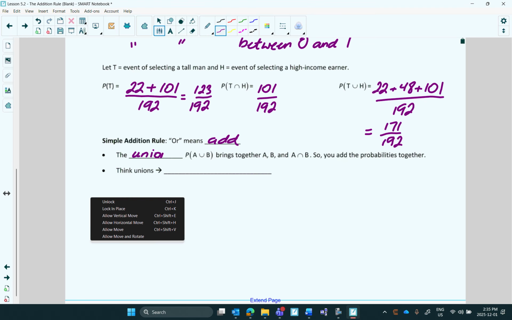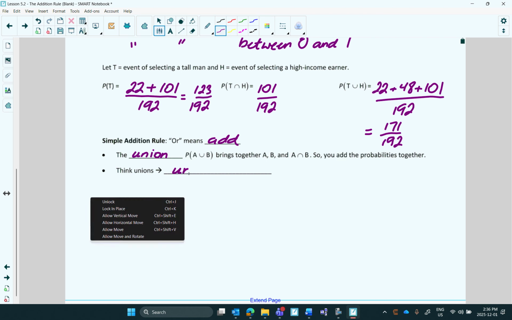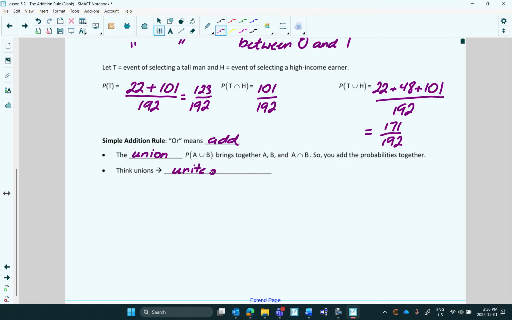So if we unite two sets, we are bringing together all the elements in set A, all the elements in set B, and all the elements in set A and B together. So you add their probabilities together. You think of unions, you unite, or add together.